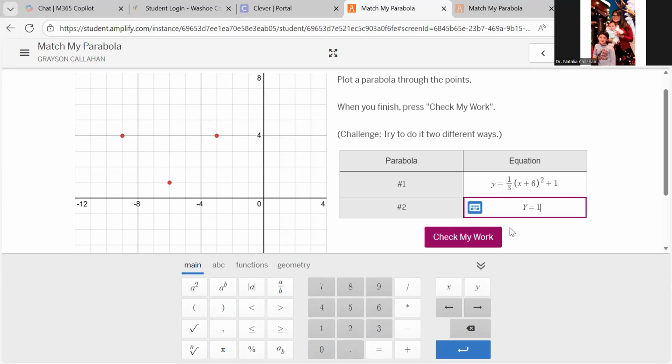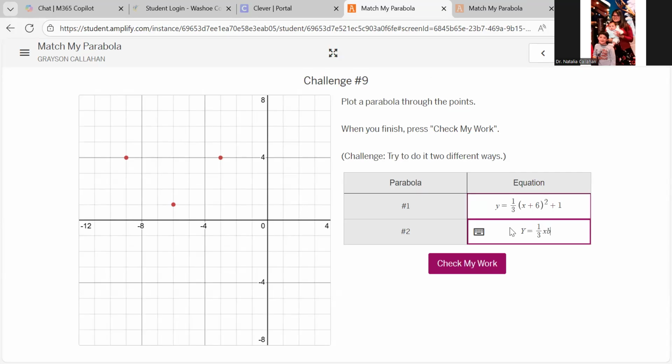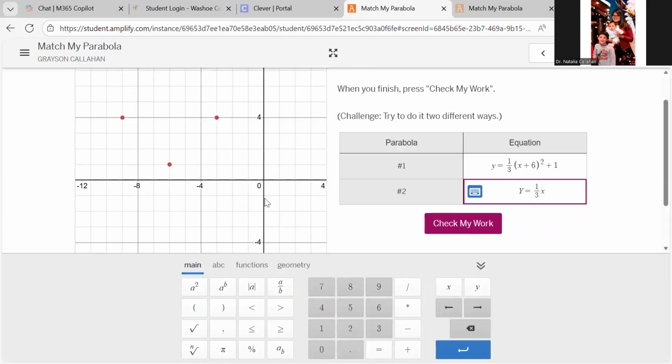It's 1 over what? 1 over 3 x squared, x plus 6. Is a 1 over 3 x squared. Yeah. And then what's the next? Plus 4x squared.